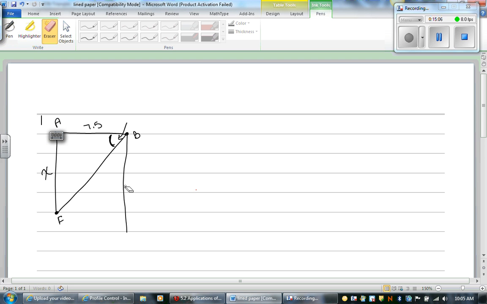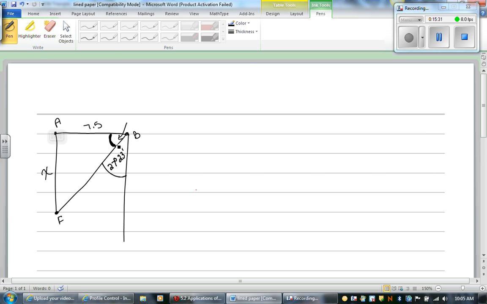I got ahead of myself. So that's got to be here. So the bearing is actually this piece here. Again, bearing is north-south. So from B straight down, the angle it creates. So what I need to do is find this.